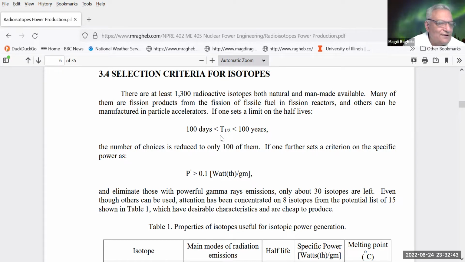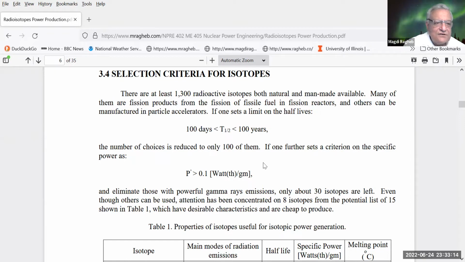So practically, we would like to have an isotope for engineering applications that has a half-life between 100 days and 100 years. And in that case, the 1,300 radioactive isotopes that humans have produced and that exist in nature reduce the choices to 100 isotopes that have a half-life between 100 days and 100 years.